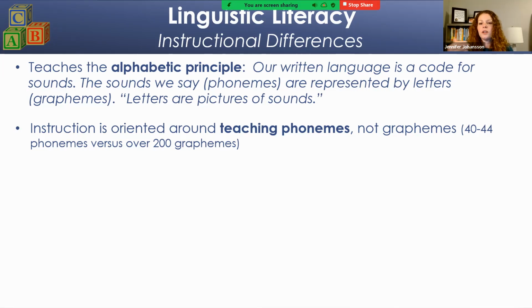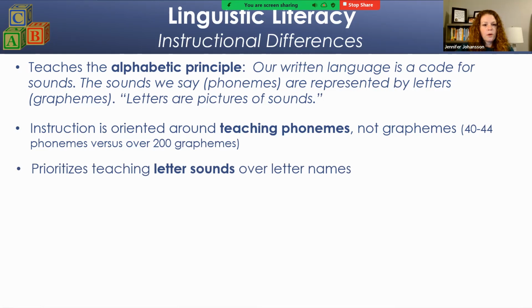No, you have to teach the phonemes and the different ways that we can show those phonemes. It's a little bit less overwhelming, I think, from the teacher's point of view and also for the students. We're also going to prioritize letter sounds over letter names. I'm not saying not to teach the letter names, but we prioritize the sounds because it's the sounds that are actually going to help the student read and spell.